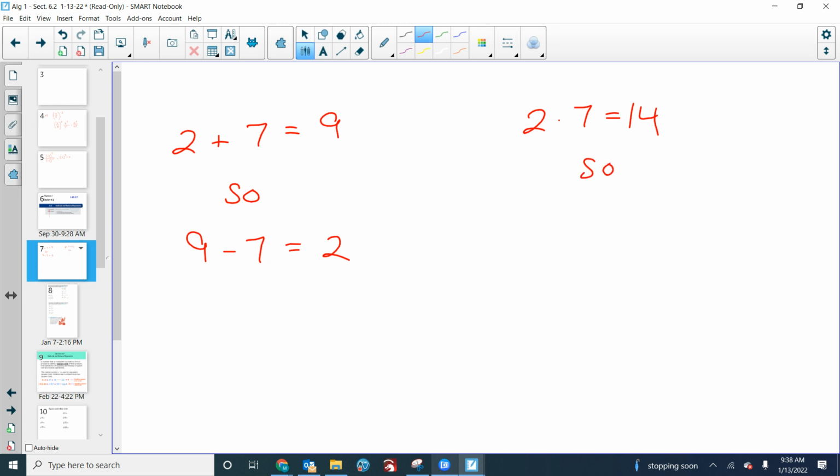So then you talked about division being 14 divided by 7 equals 2. You with me? These were called inverse operations of one another. Every operation had to have an inverse operation. Do you agree with me? Okay?